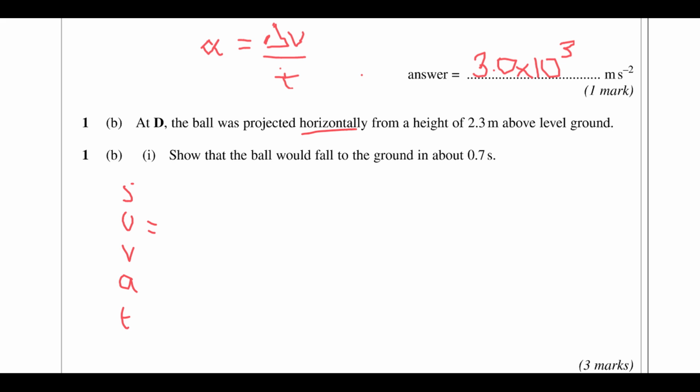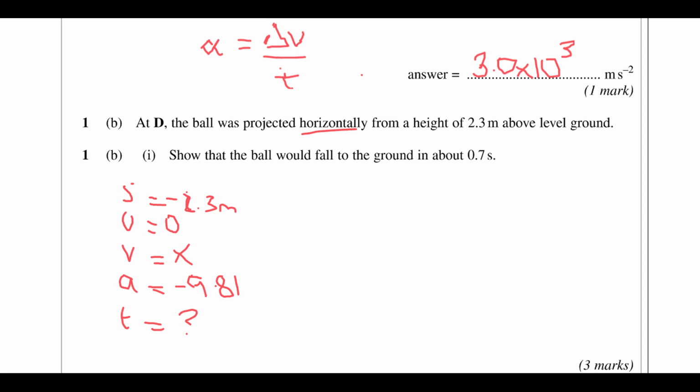So U is going to be 0. The displacement is going to be downwards 2.3 meters. That's where it's going to fall. We don't know what the final velocity is. The acceleration is downwards 9.81, so I use minus 9.81, and we want to find out what the time is.